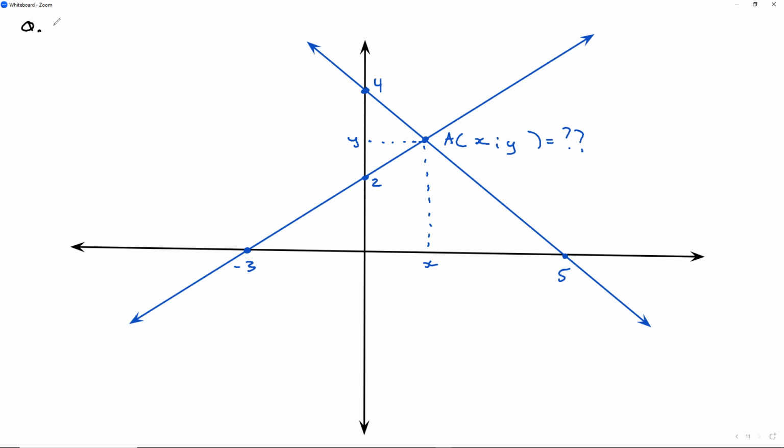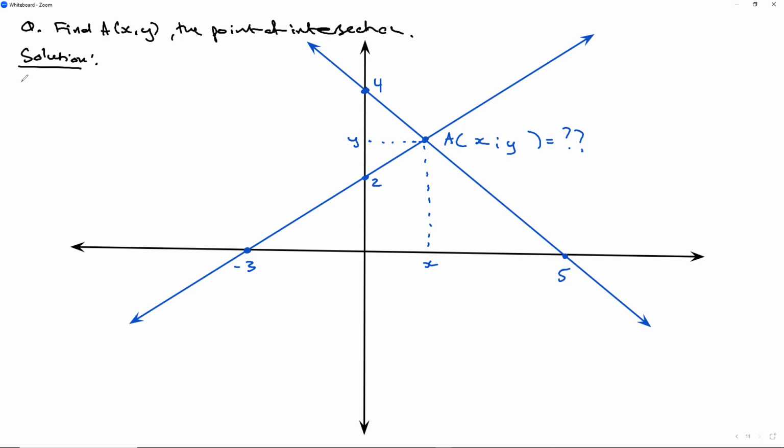So the question is saying find A(x, y), the point of intersection. And the solution will follow as such. The first thing we're going to do is find each line equation.